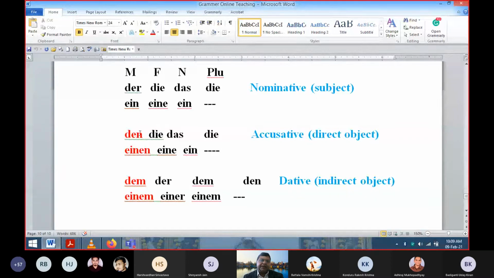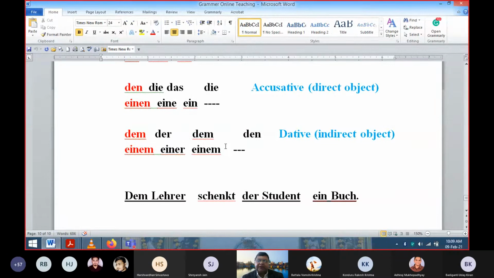Der is changed into den, ein into einen. Others remain the same. If any noun is being used as indirect object, then a further change is there in the article form. Der is changed into dem, ein is changed into einem. And then here it becomes dem, der, dem, and here einem, einer, einem.